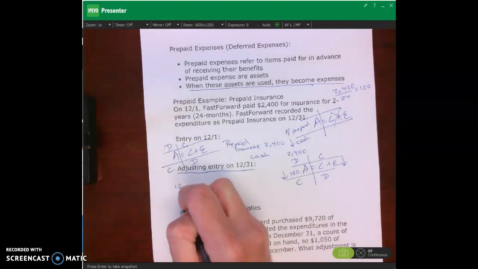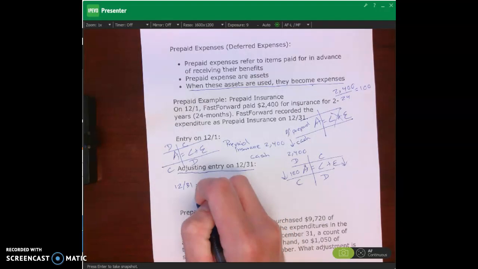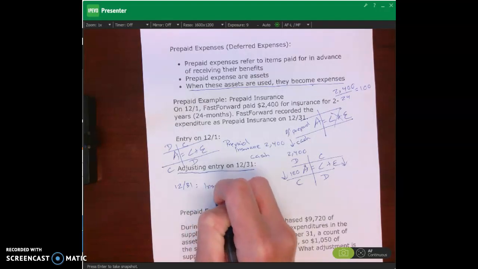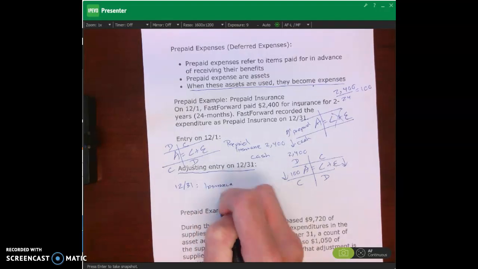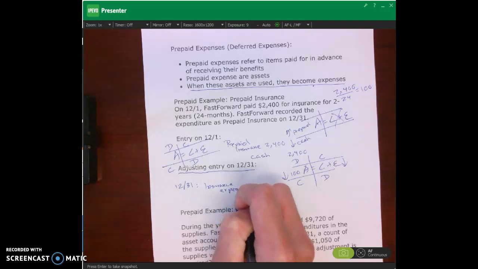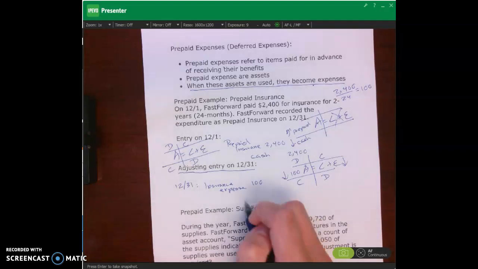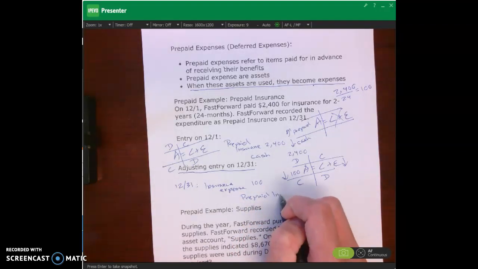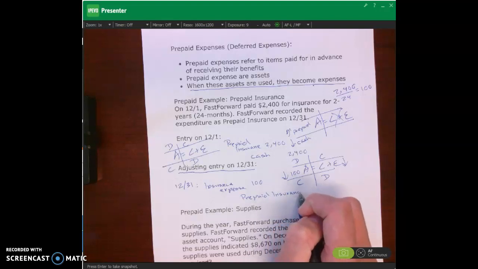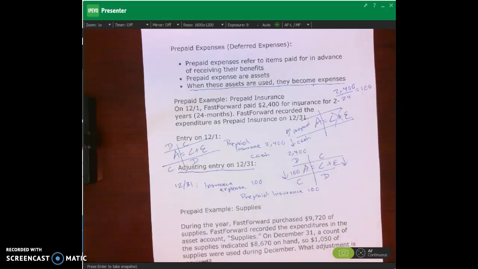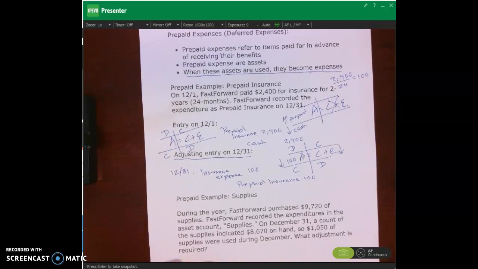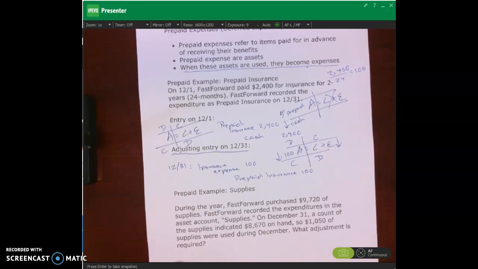So on 12/31, I will debit insurance expense for $100, and then I will credit prepaid insurance for $100. Debit insurance expense and credit prepaid insurance.